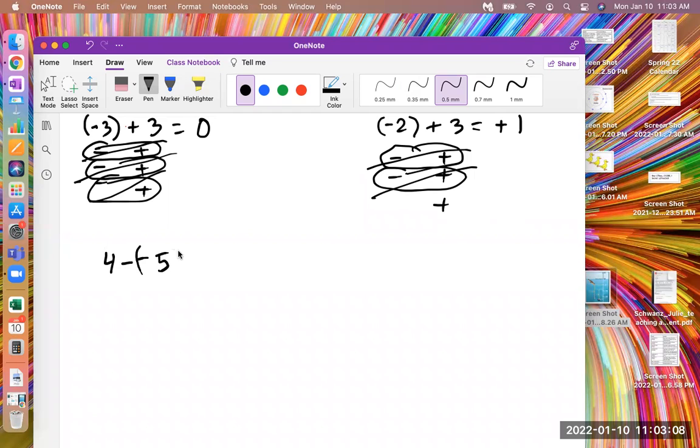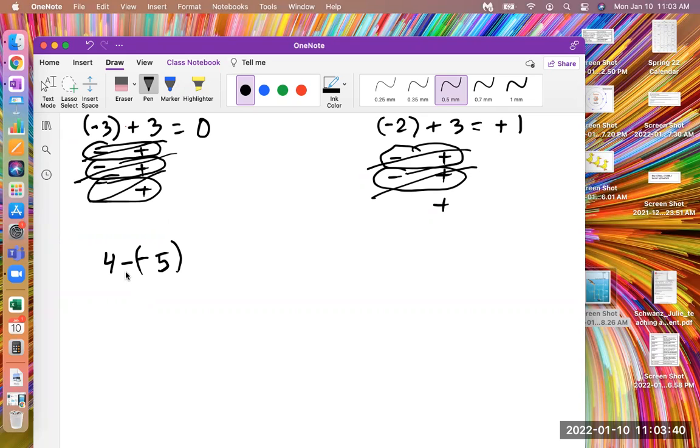So I'm taking 4 and I'm subtracting a -5. But I told you earlier that subtraction really is the opposite. If addition meant going up, then subtraction means going down. It means do the opposite. So with 4 opposite of -5, the first opposite says turn around and go down.